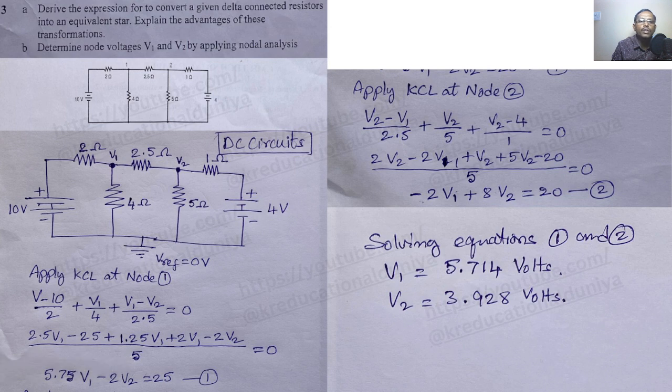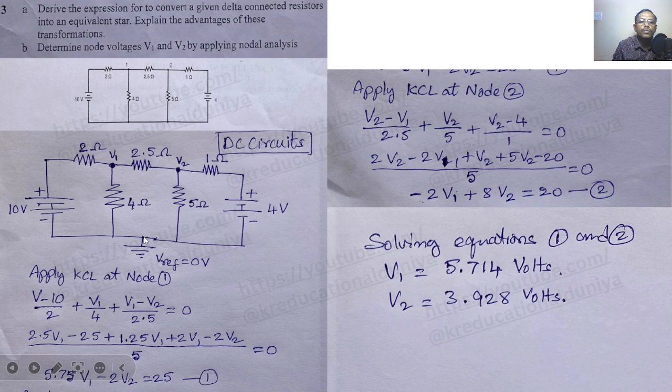That becomes a node. So we have to consider there are 3 nodes. What do you mean by node? Where 3 or more branches meet is called a node. So here we have totally 3 nodes: V1, V2 and the bottom one where everything meets at one point.